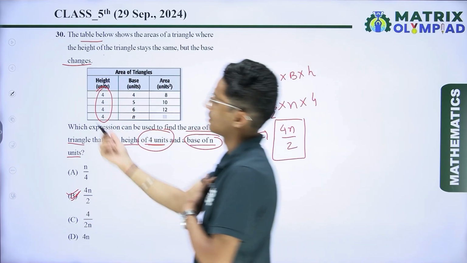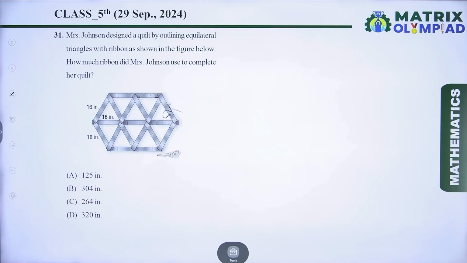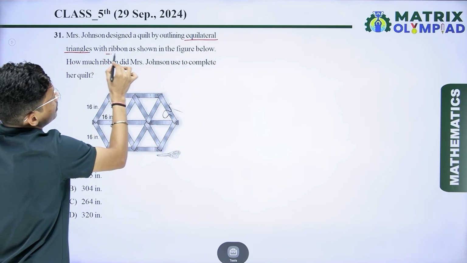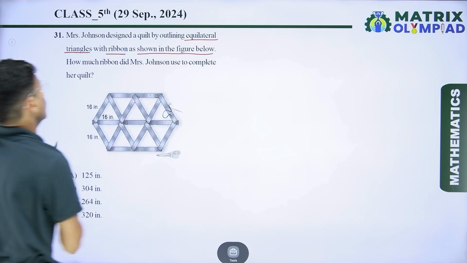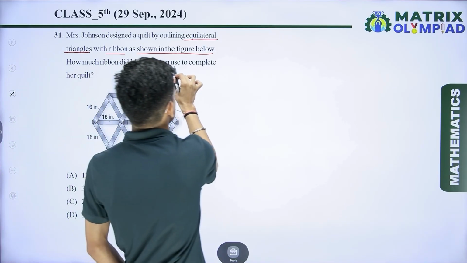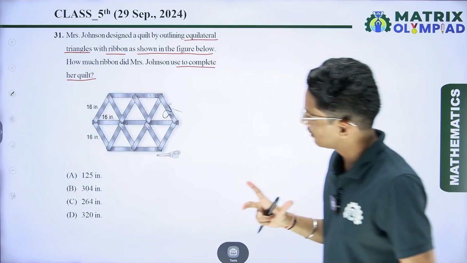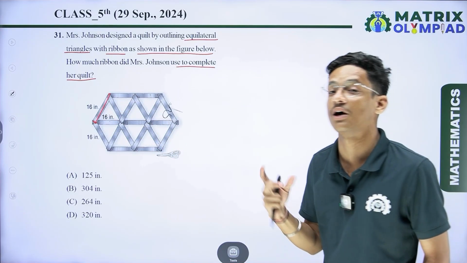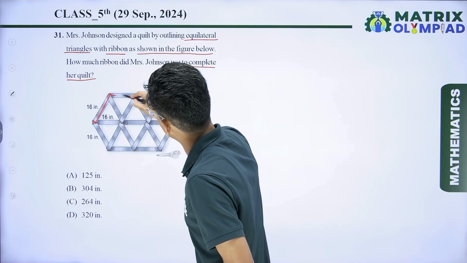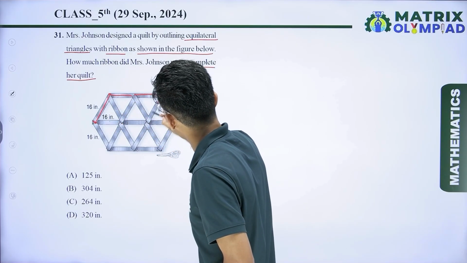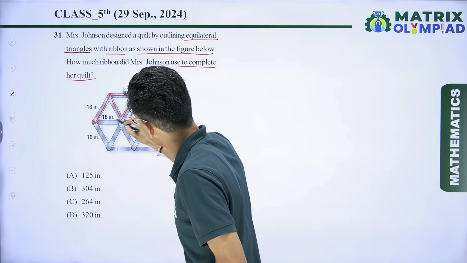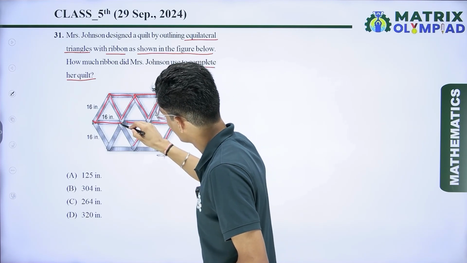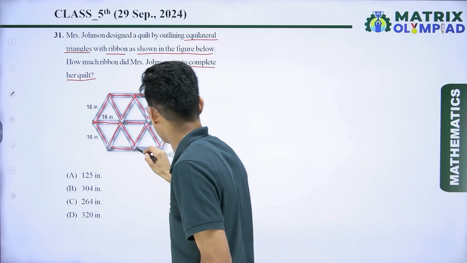Now if I talk about the next question, Mr. Johnson designed a quilt by outlining equilateral triangles with ribbon as shown in the figure below. So how much ribbon did Mr. Johnson use to complete the quilt? So here we have been given the length of one ribbon, that is 16 inches. So first we count how many ribbons are required over here. So first 1, 2, 3, 4, 5, 6, 7, 8, 9, 10, 11, 12, 13, 14, 15, 16, 17, 18, 19.